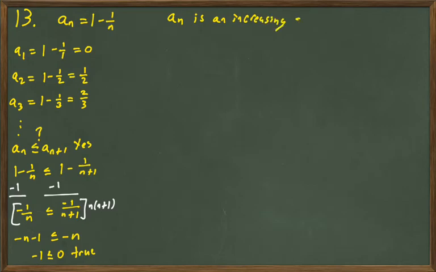And so we know it's bounded from below by 0, so is it bounded above also? Let's find out. Well, maybe it's bounded above by possibly 1, because we got 0 and then 1 half and then 2 thirds.